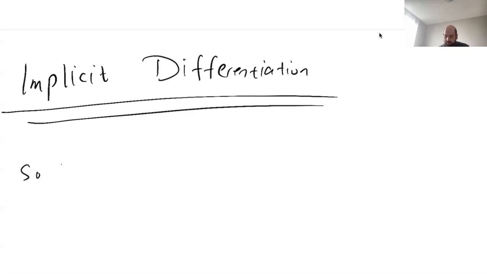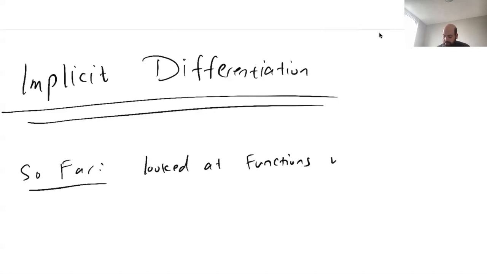So far, and when I say so far, I mean in this course so far, and also in pre-calculus or high school, when you learned about the concept of functions, you were dealing with functions written in an explicit form.